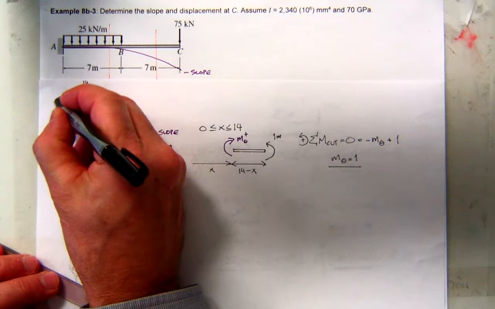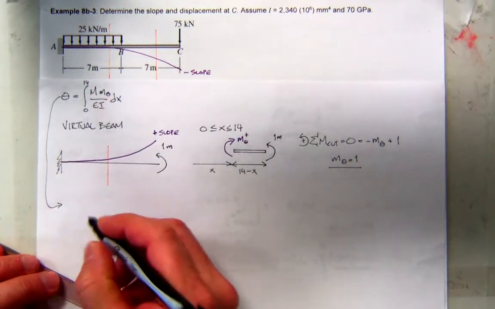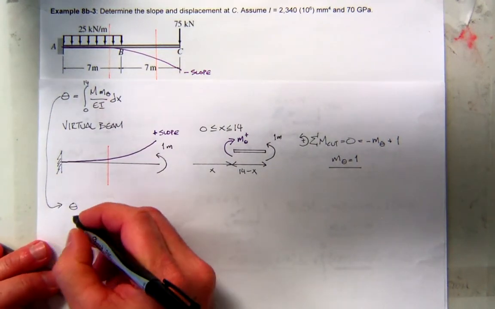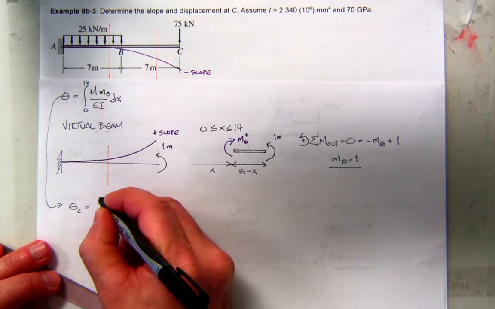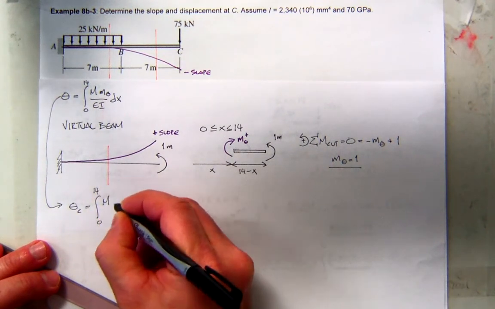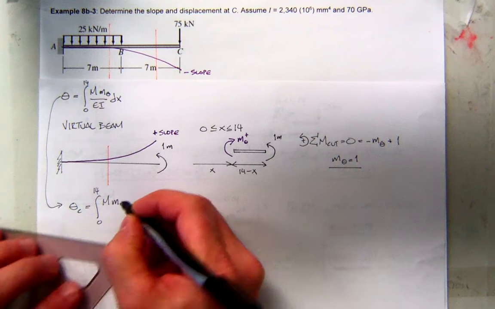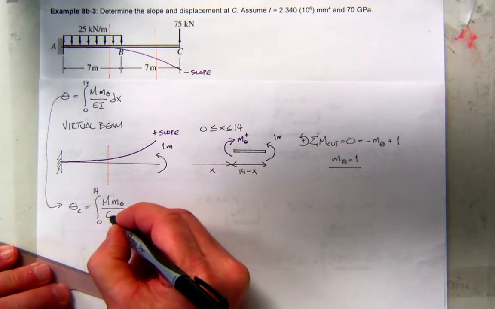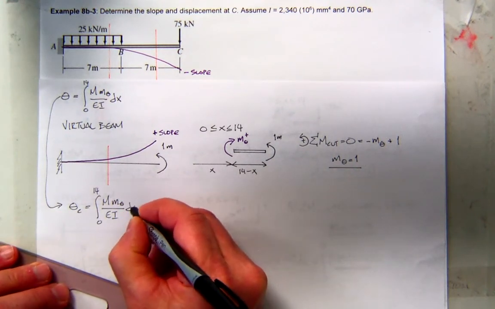So now we can bring this down, and the slope at C is the integral from 0 to 14 of the real moment, the virtual moment due to the unit couple, divided by EI, and I integrate it.